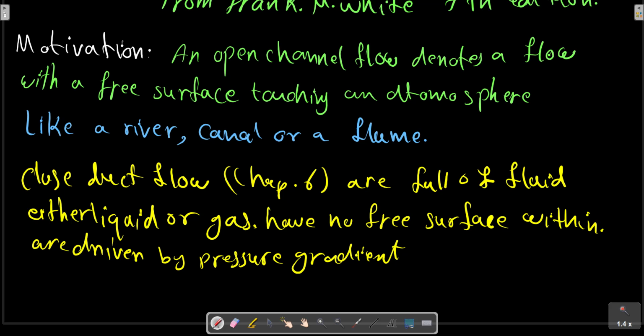Anyway, the open channel flows are driven by gravity along. Let me write in the next page.